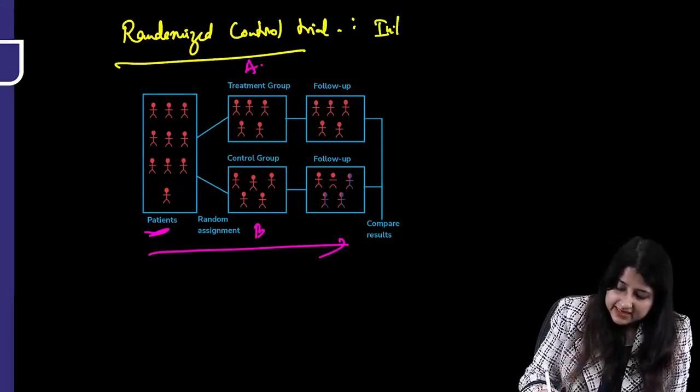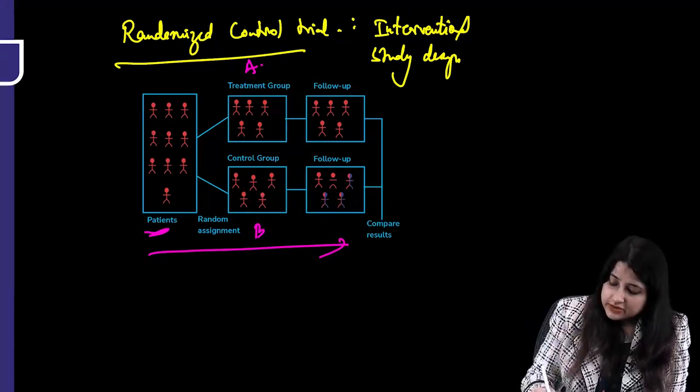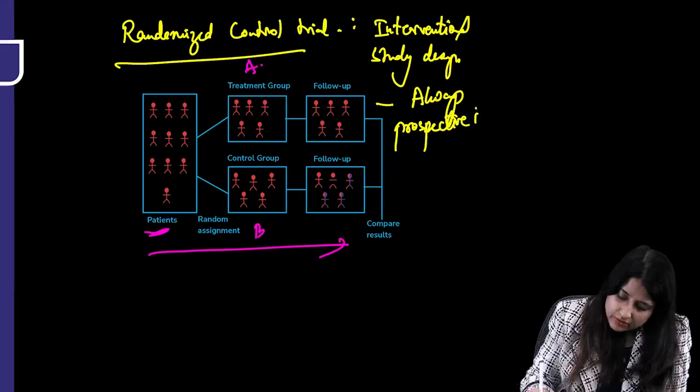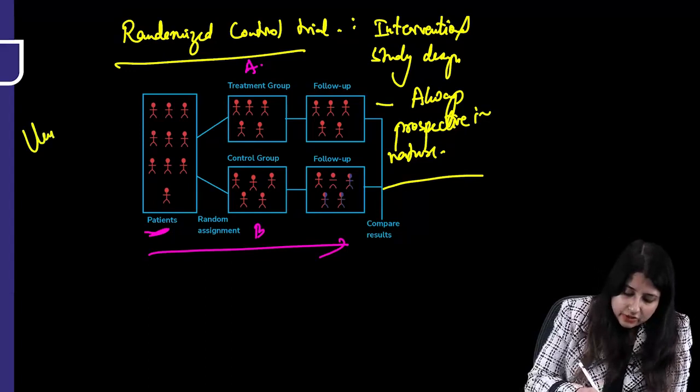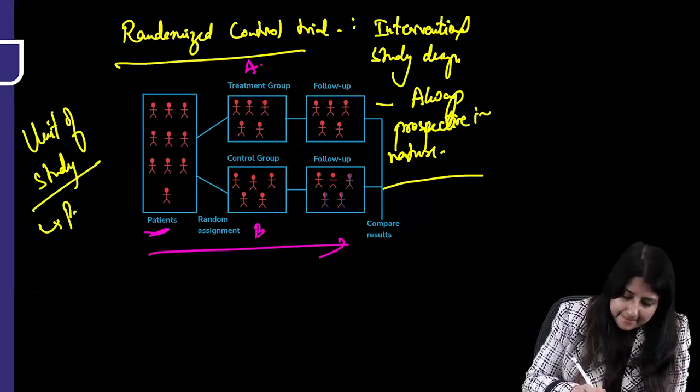It's an interventional study design. We are actually doing an intervention. It is always prospective in nature. We will always move forward and compare the outcome. And my unit of study is definitely an individual, in that, a patient.